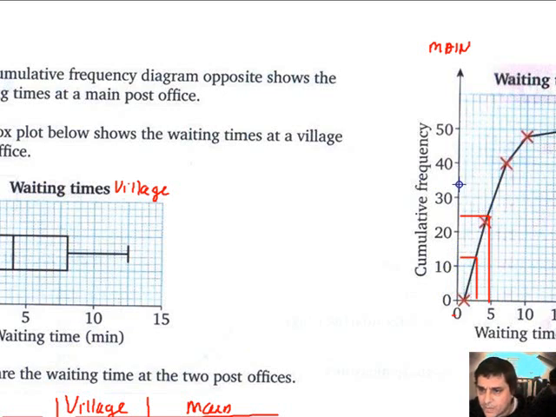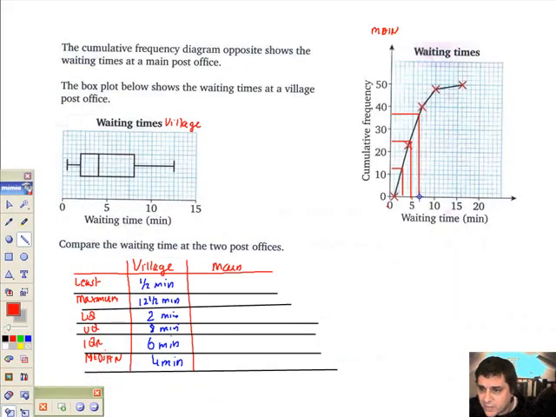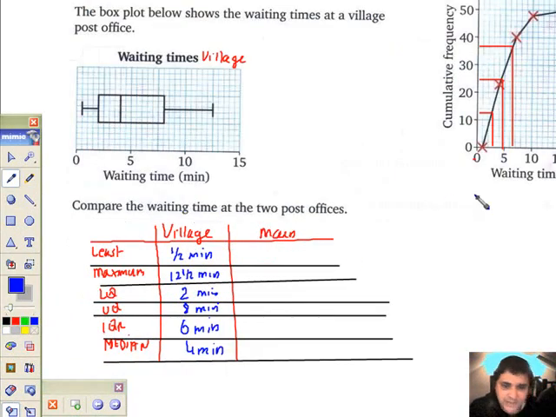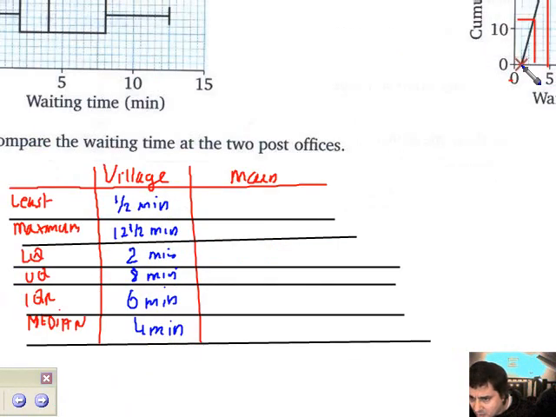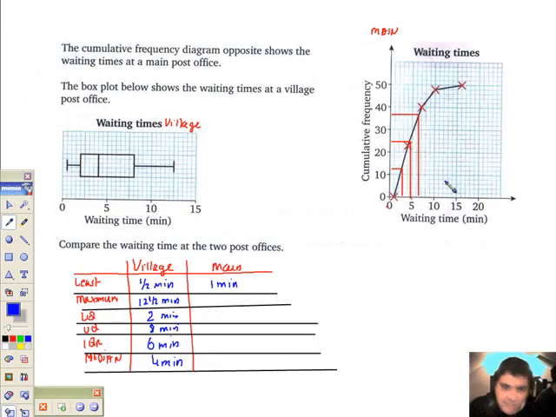So 35, I'm going to put it about there. Again, forgive me if it's not 100% accurate, it's very hard to do, but you've got to do with what we've got. So let's just do the writing of it now. Right, lowest value, least waiting time, looks like about, I'm going to go for a minute there. Maximum waiting time is that point there, drag it down to 16 minutes.